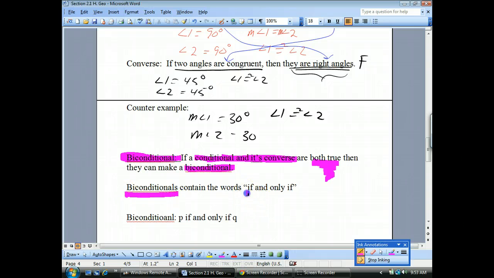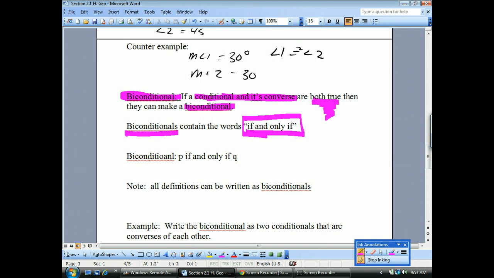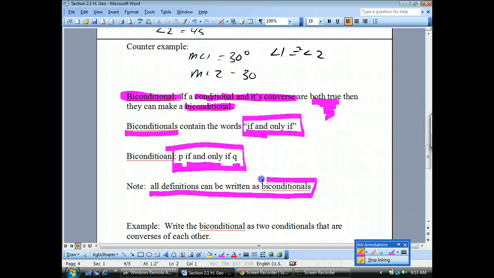Biconditionals contain the words if and only if, which is the strongest statement we can make in math. So we can write the hypothesis if and only if the conclusion. That would be a biconditional. Note, all definitions can be written as biconditionals.